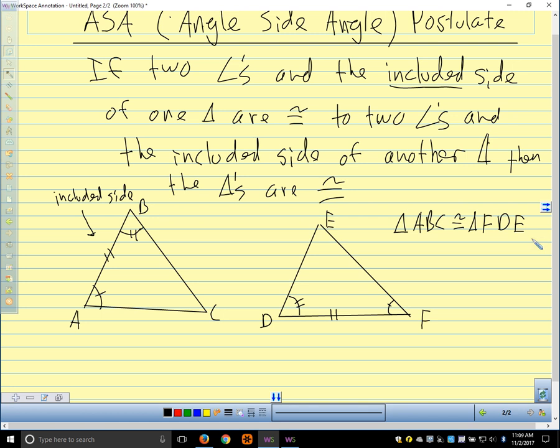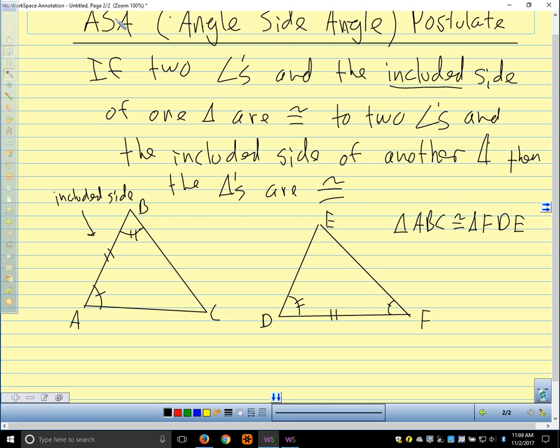And this tells us that side AB is congruent to side FD. So our parts match up the way they need to. And again, the way that we talk about them in the triangle, angle, side, angle, they go in the same order as it says in the postulate or the theorem.